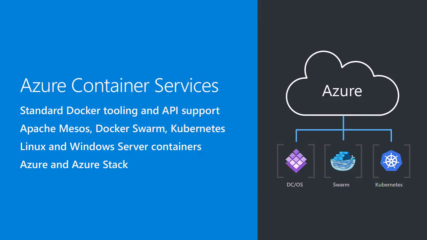We support the three most popular Docker orchestrators: DCOS from Mesosphere, or the Apache Mesos project, Docker Swarm, and Kubernetes. All exactly the same as you can deploy on-premise or other clouds. And also coming is support for Linux and Windows containers through Azure Container Service. It's supported on Azure and will be supported on Azure Stack when that's available.